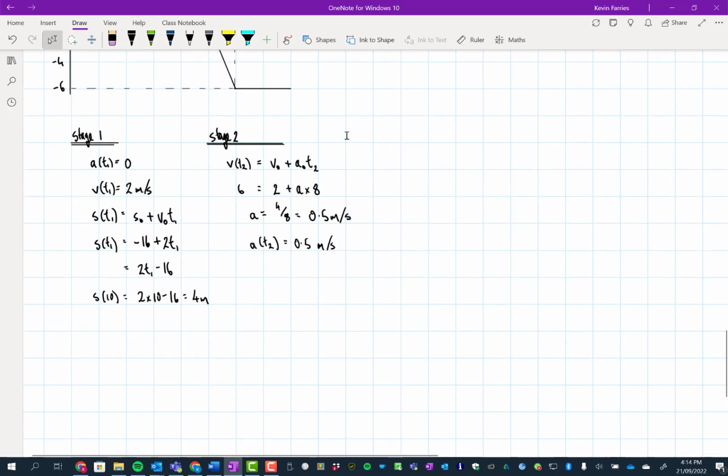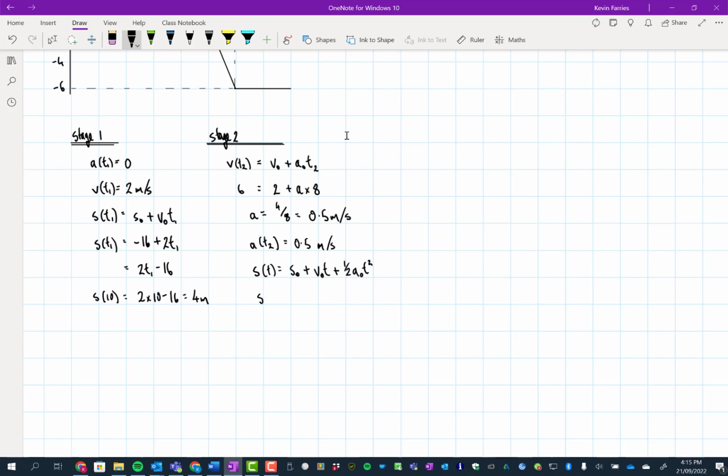So therefore, the equation for displacement at time t is equal to initial displacement plus the initial velocity times t plus a half acceleration times t squared. And the acceleration is constant, it's this 0.5 meters per second squared.